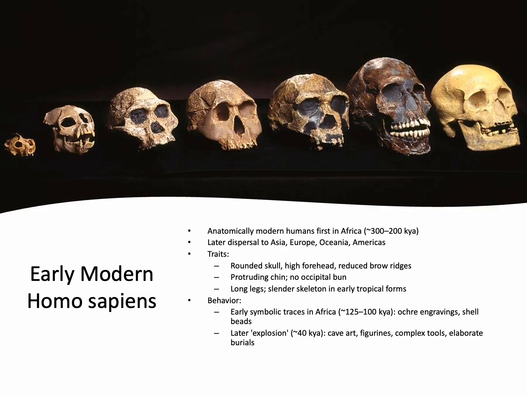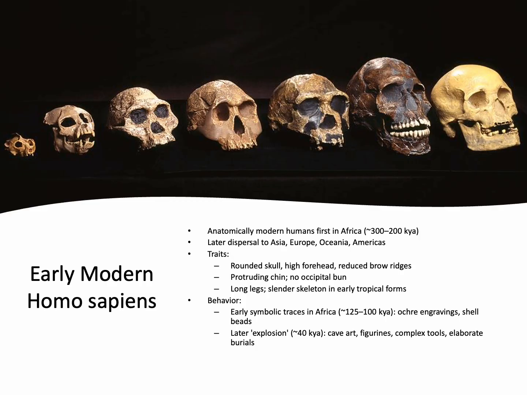Anatomically, modern humans have a distinct set of features. They have a rounded skull with a high forehead, reduced brow ridges compared to Neanderthals and earlier archaic Homo. They don't have an occipital bun, so the back of the skull is more globular. There's a protruding chin, called a mental eminence, which is unique among hominins, and long legs relative to arms, and a generally slender skeleton, especially in the earlier tropical populations.